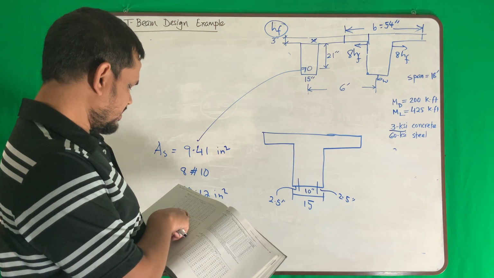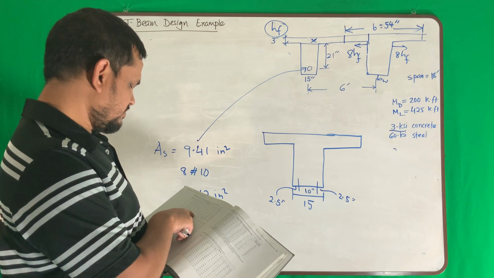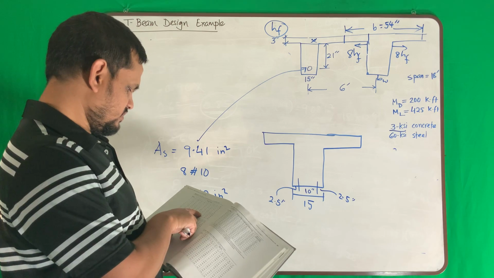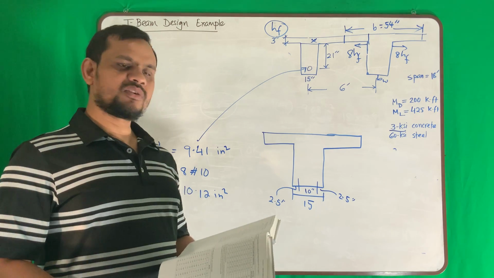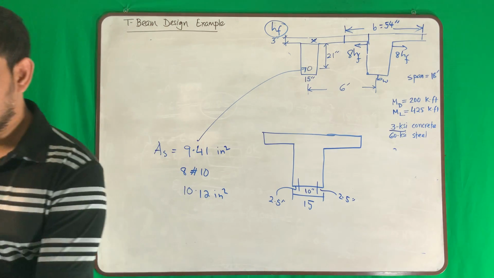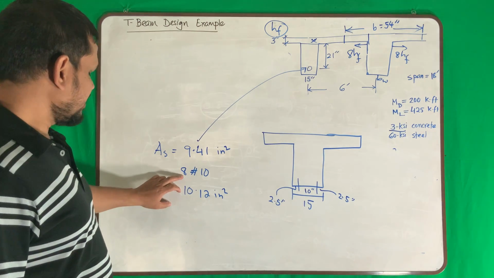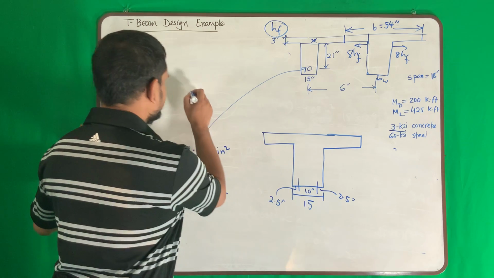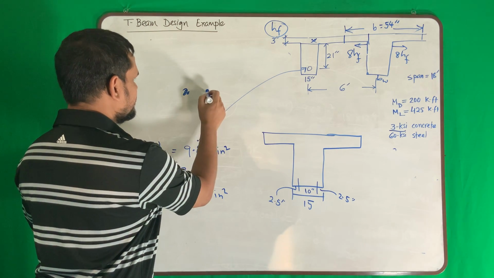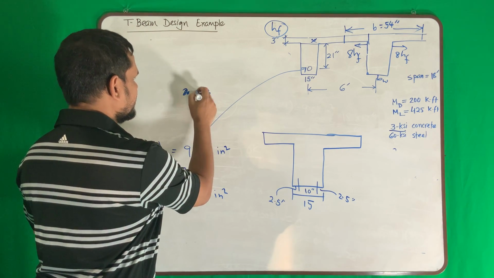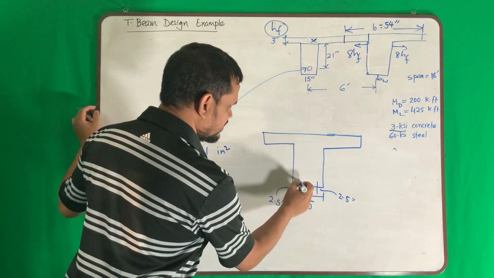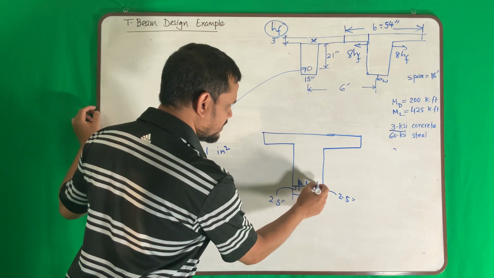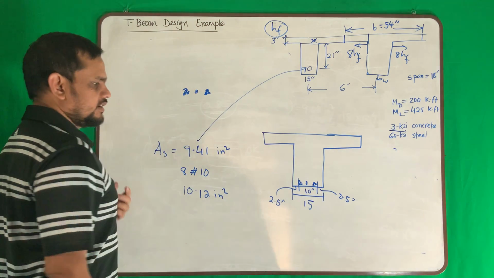If I provide say 5 number 14, yeah, this is the closest option. So okay, we will bundle it. How to bundle? Say 3 together, another 2 together. So we will do 3 bars here, 2 bars here, 3 bars here.